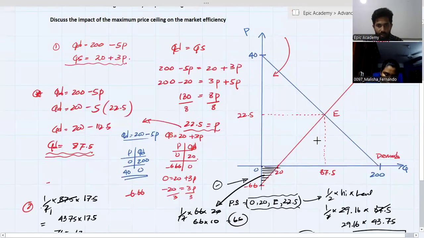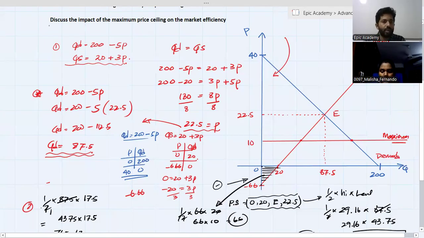And just draw the line at 10 rupees. This is the price imposed by the government as a maximum price to protect the consumers. Okay, but you can identify that after imposing maximum prices, the response of the demand and the response of the supply can change. We have to identify the response.